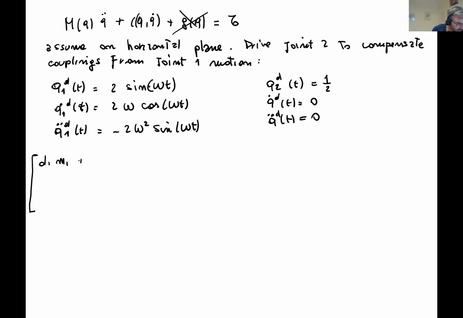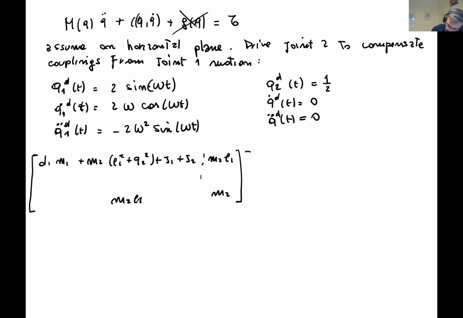M1 plus M2 L1 squared plus Q2 squared plus J1 plus J2, M2 L1, M2, 2 L1.